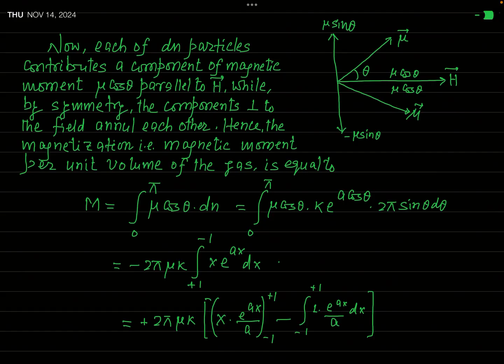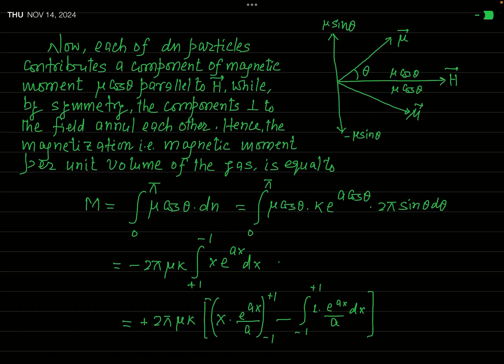Now, our aim is to find the magnetization, and for this let us see. When the magnetic field is applied, the atomic dipoles orient themselves at some angle to the magnetic field, although the field has a tendency to bring all the magnetic dipoles along its line of action.